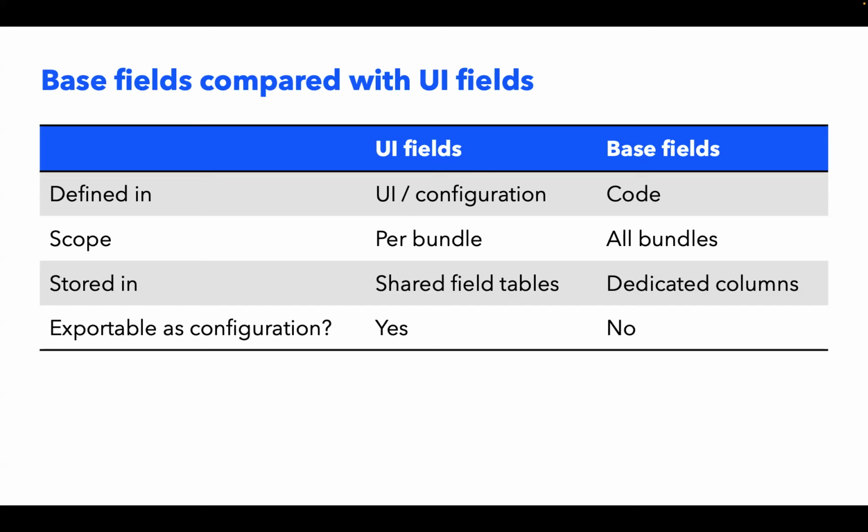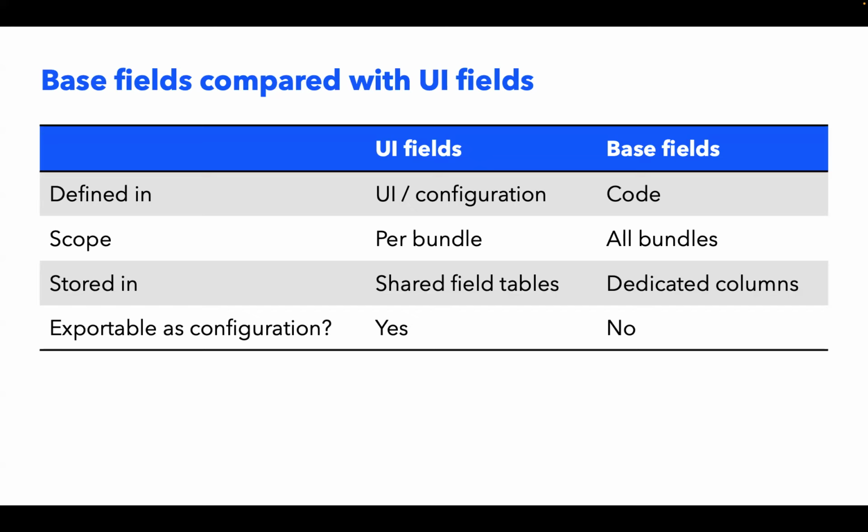With base fields, the definition is all within PHP code. And the scope is different for the two types. For UI fields, this is all done on a per bundle basis, so you're configuring your fields for each bundle. With base fields, the definition is across all bundles, bundles being content types, taxonomy vocabularies, and that sort of thing.